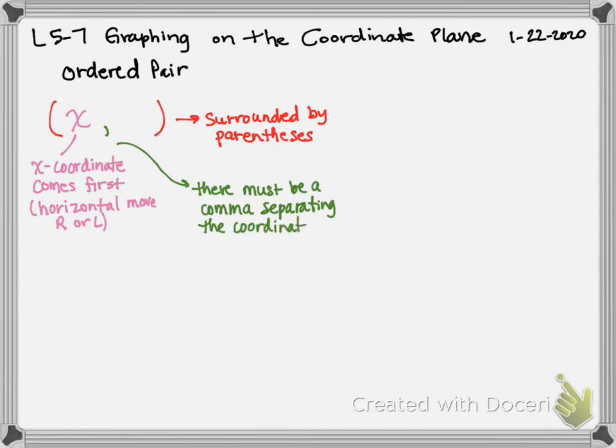I should put this in the center, shouldn't I? Oh well, it's where it is now. Then we're going to have a y coordinate, and the y coordinate always comes second.